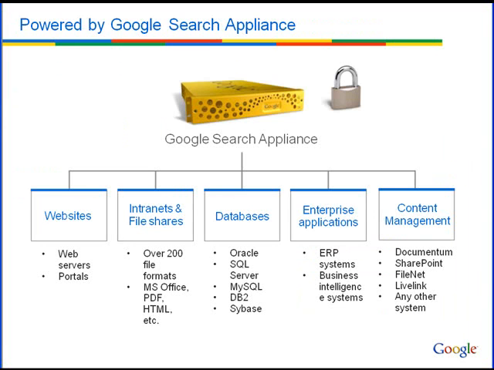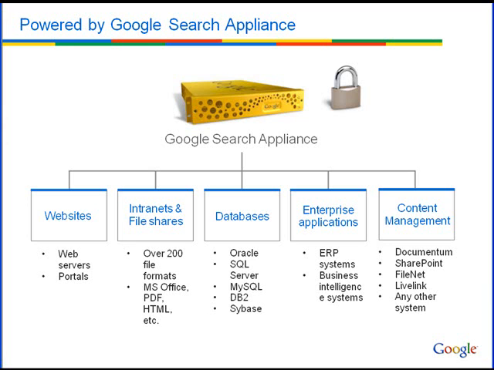So the product that we have that supports this is called the Google Search Appliance, and it really looks like this yellow box. Believe it or not, Google actually sells hardware, and this yellow box packs all of the hardware and all of the software, which includes all of the search algorithms that have been specifically enhanced for both websites and internal content, and it has a lot of built-in security.